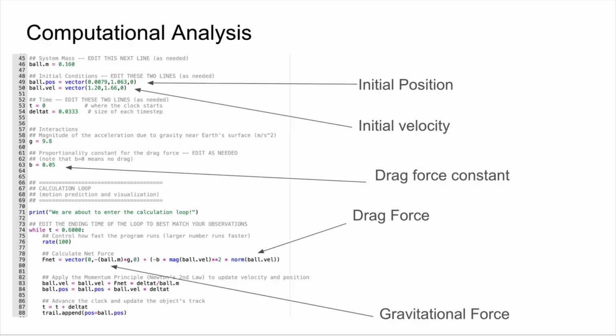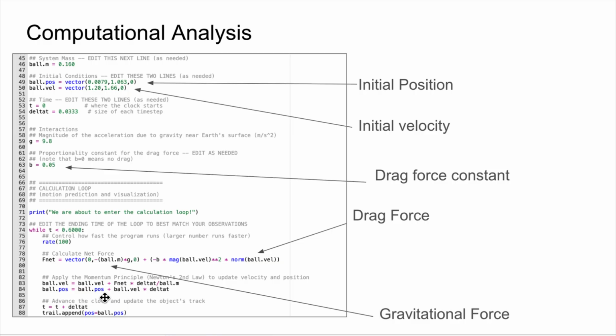On line 79, you can see I have my net force, which is the gravitational force plus the drag force. I didn't add the drag force in the first model, it was only the gravitational model. Then I have the iteration below.